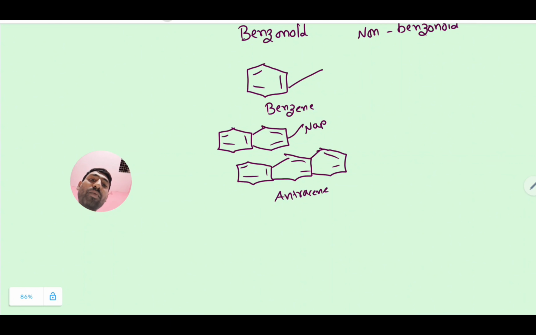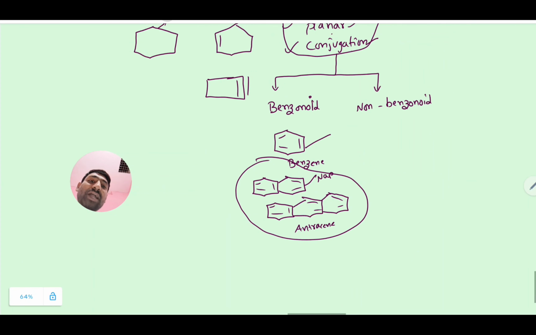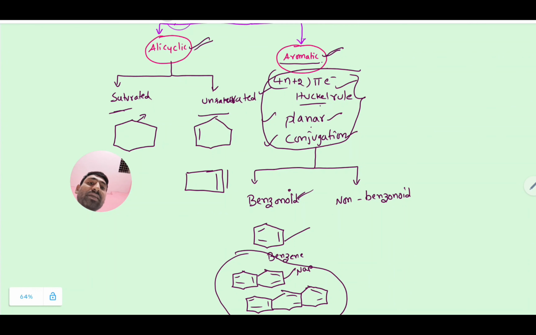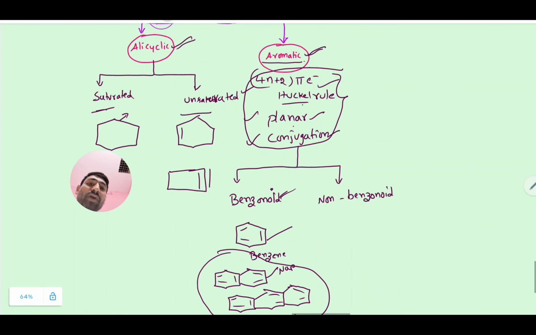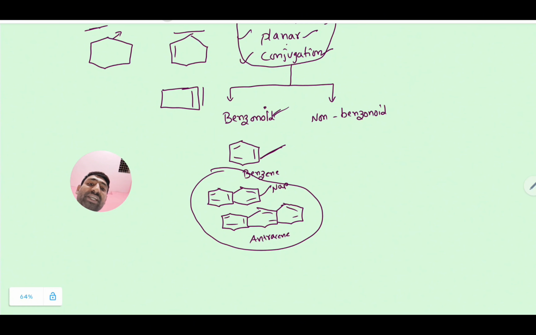All these compounds contain benzene-like rings. So that is why these are called benzenoid aromatic compounds. These come under carbocyclic aromatic compounds that follow Huckel's rule, and if they have a benzene ring like that, they are called benzenoid compounds.